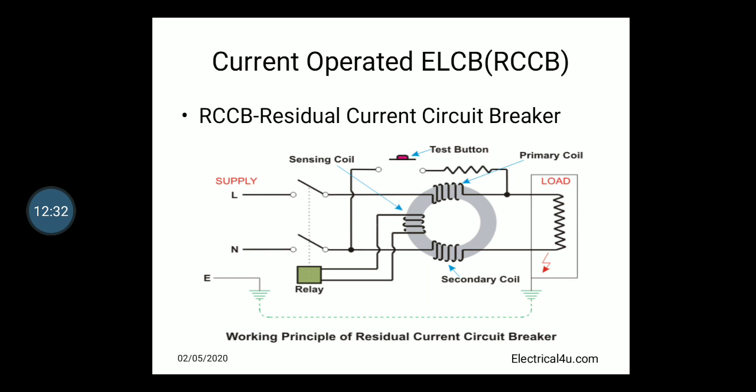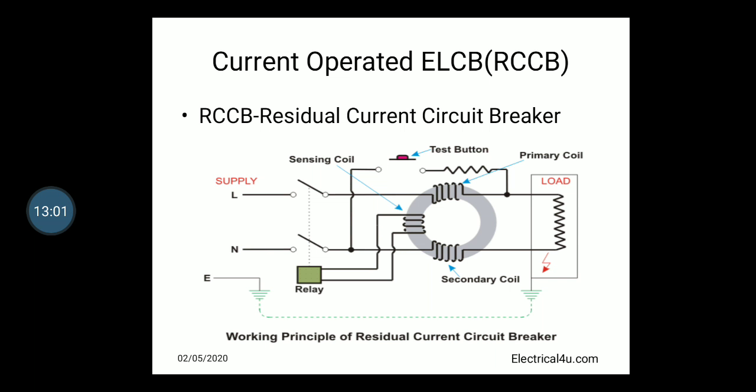Now what happens if some amount of current is leaking? Whenever current IL enters the circuit, it goes to the primary coil and to the load, and suppose insulation failure happens in the load. Then some amount of current, instead of leaving the load as it entered, leaks to the ground, and the remaining current goes to the secondary coil and the neutral line.